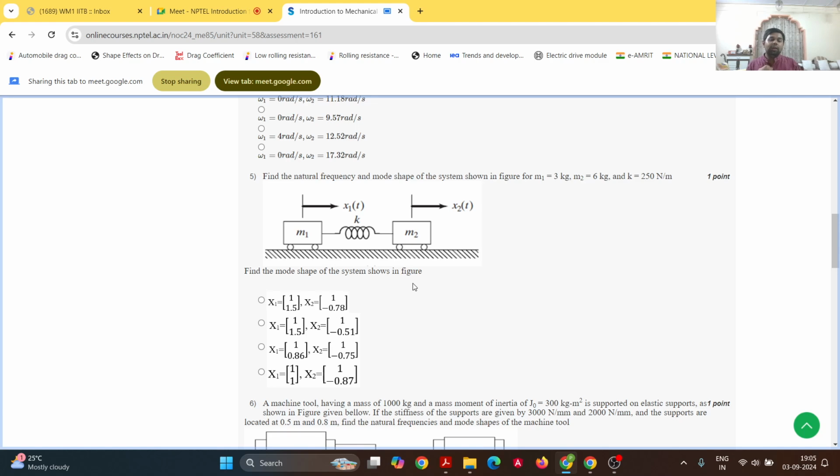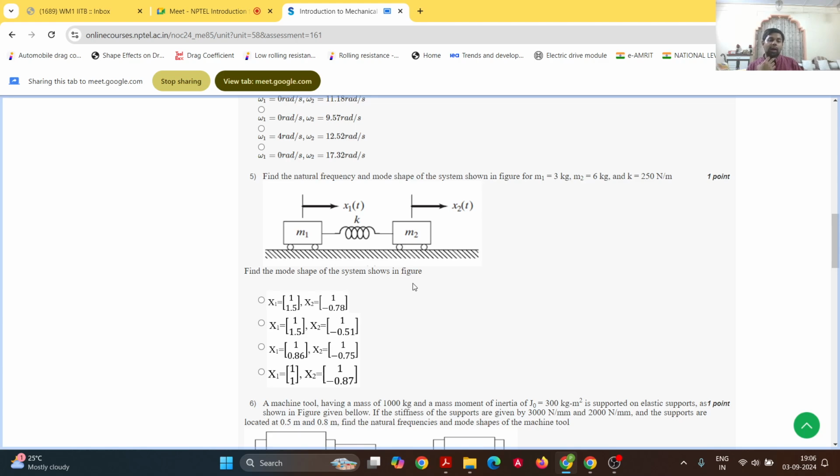So do you understand what you mean by mode shape? Sir, mode shape is somewhat clear, but I don't remember eigenvectors. Can we take a similar example in today's live session, sir?